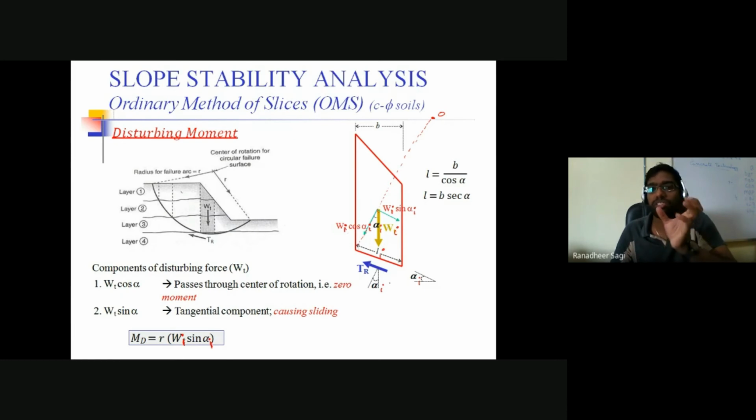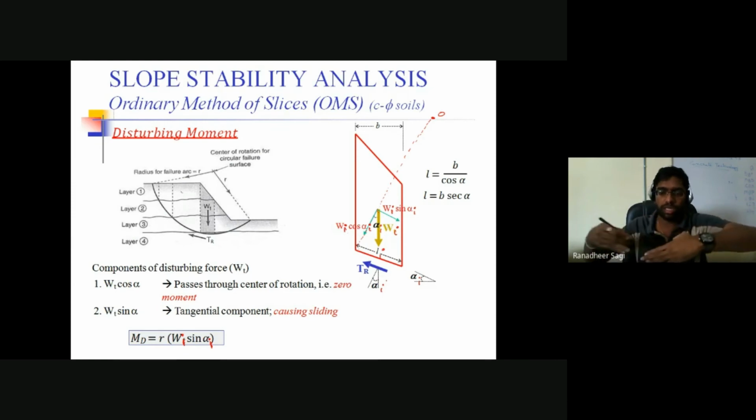It is the weight component Wi into sine alpha i, into the corresponding perpendicular distance from the tangent to the failure surface to the center of the arc of the circle. So it's radius r into the force component Wi into sine alpha i. Force into perpendicular distance defines the disturbing moment.